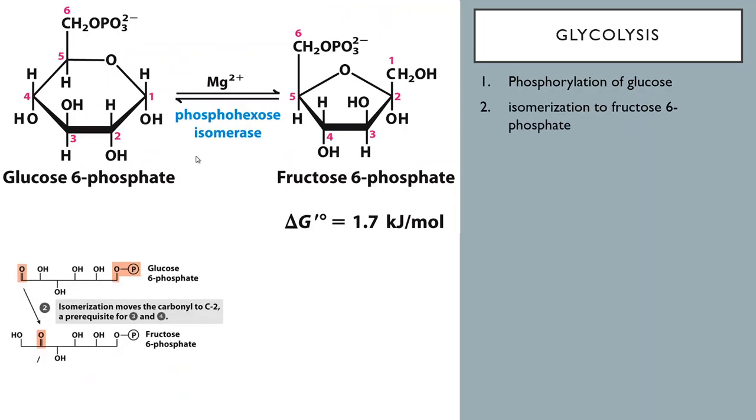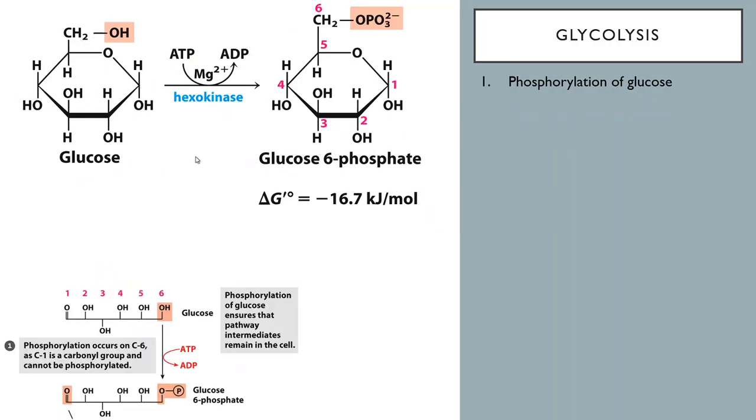The purpose of phosphorylation, probably for one thing, is that it makes it harder for glucose to actually leave the cell. So phosphorylated glucose does not go through the glucose transporters that normally move glucose in and out of the cell. So that's probably one of the reasons why phosphorylation happens as one of the first steps of glycolysis.